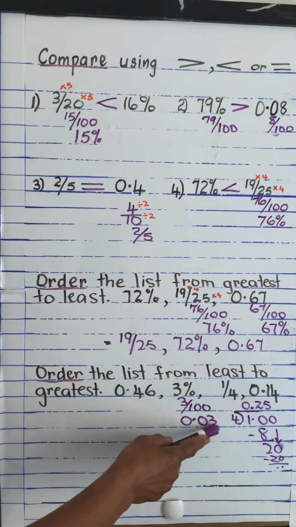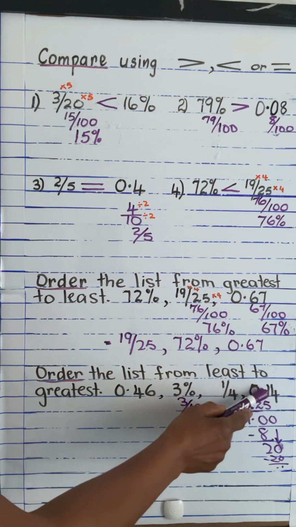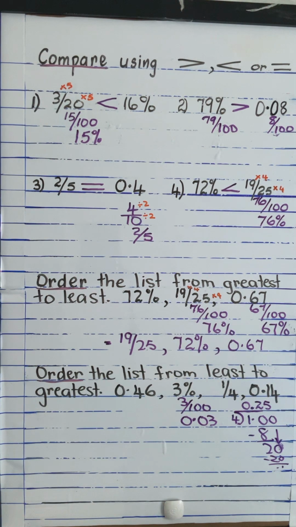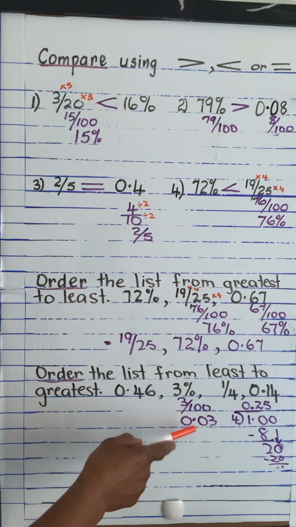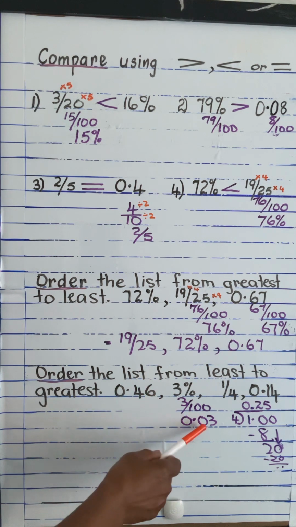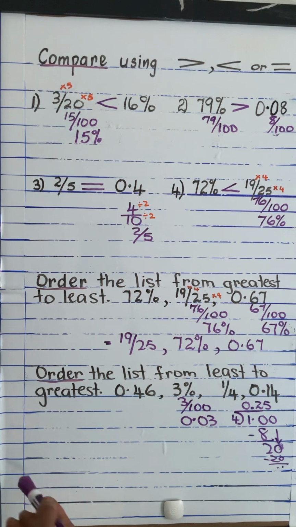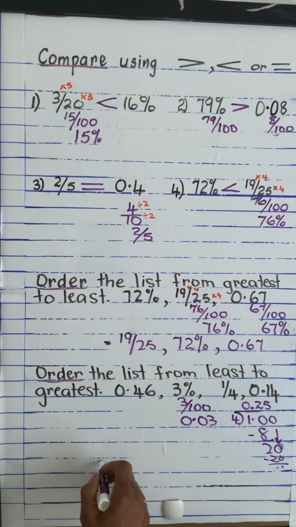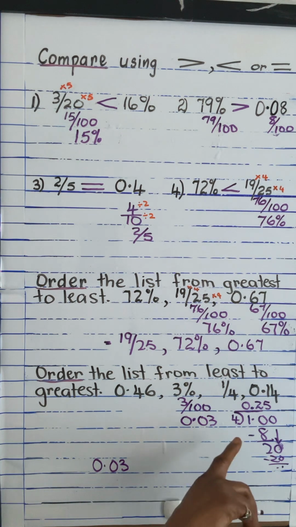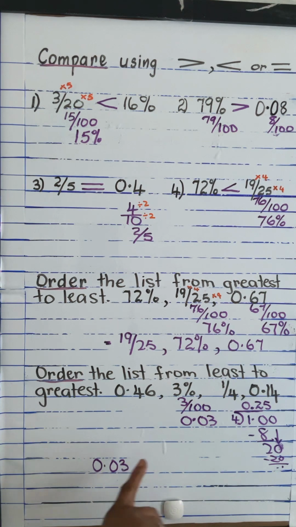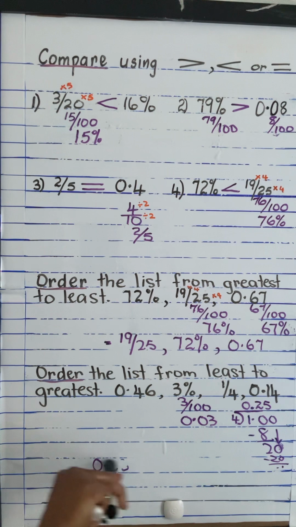So now we have 0.46, 0.03, 0.25, and 0.14. From least to greatest, 0.03 is first.